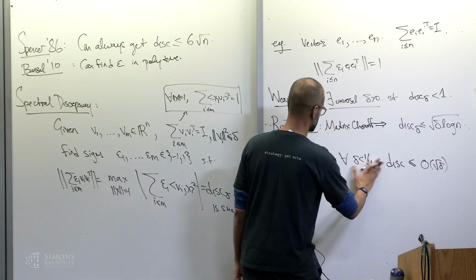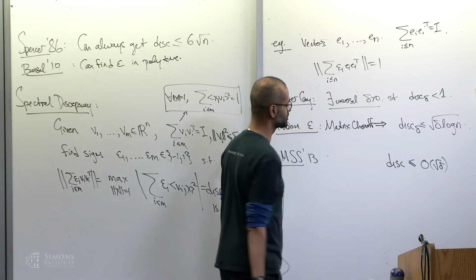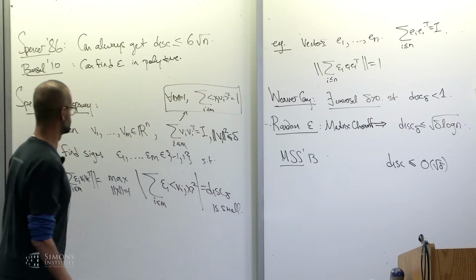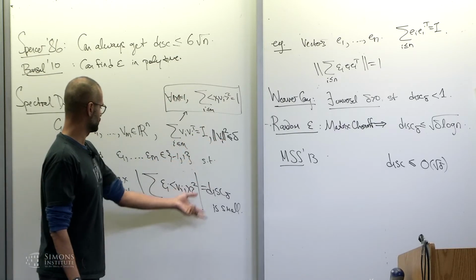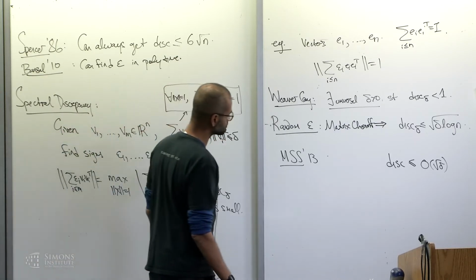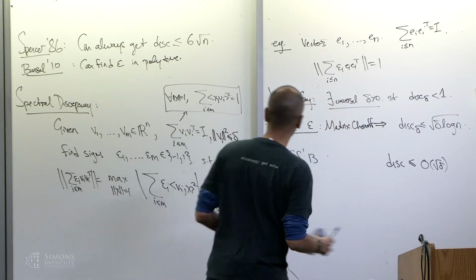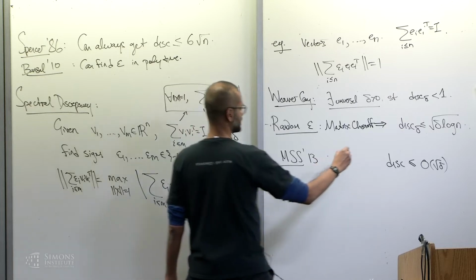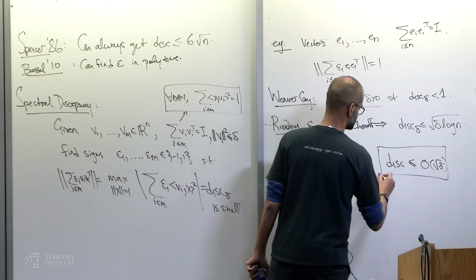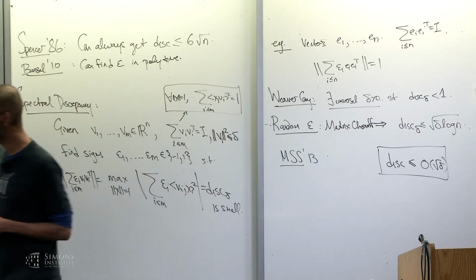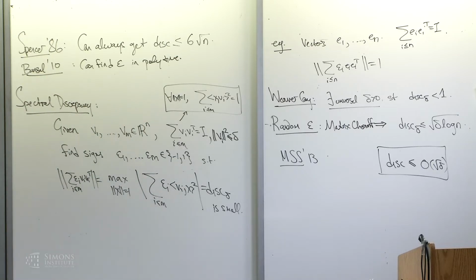So if you choose constant length vectors, you can always solve this problem with constant discrepancy. And so that solves this problem. Are there any questions about the statement of the theorem? Okay. Let me now tell you how this is an immediate consequence of theorem B.